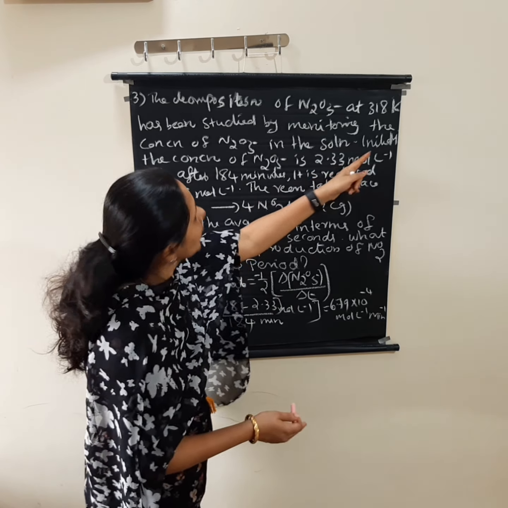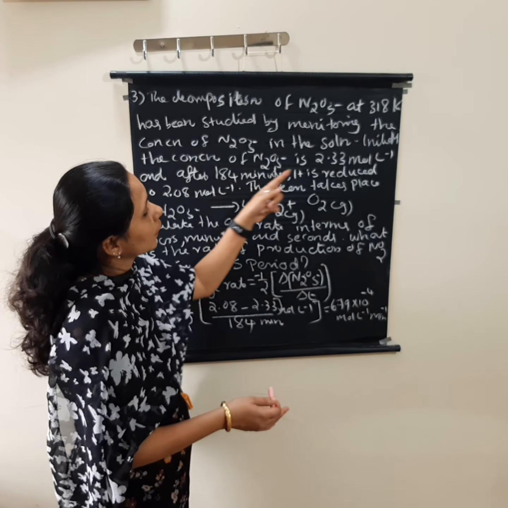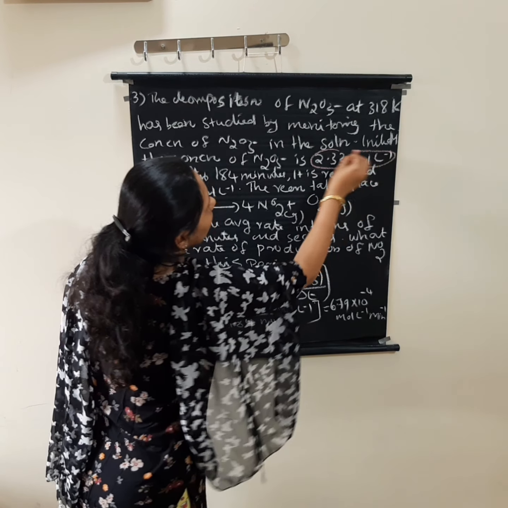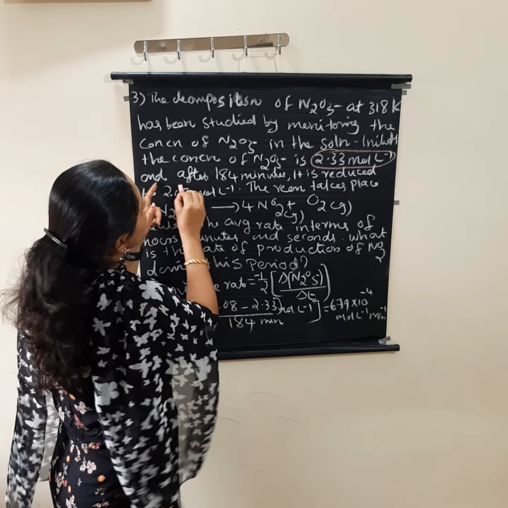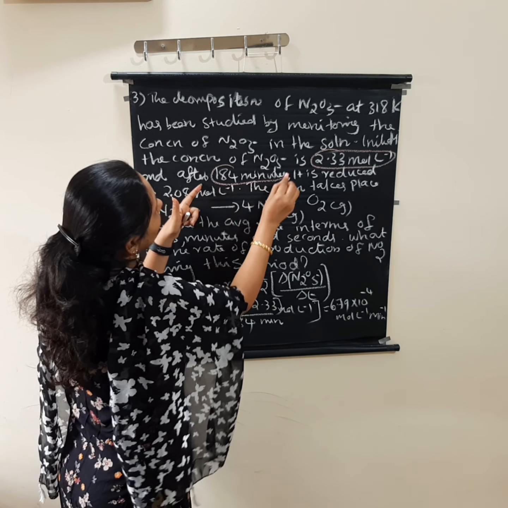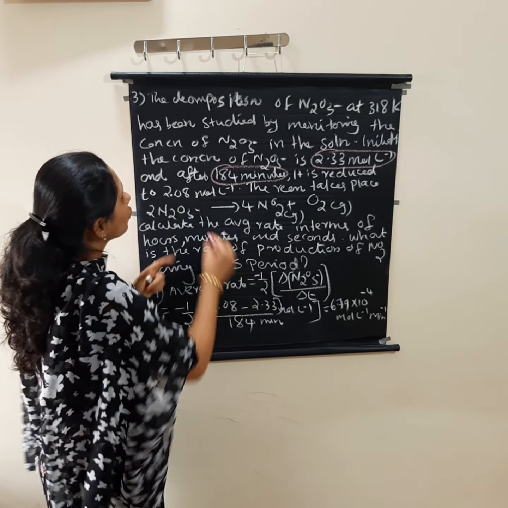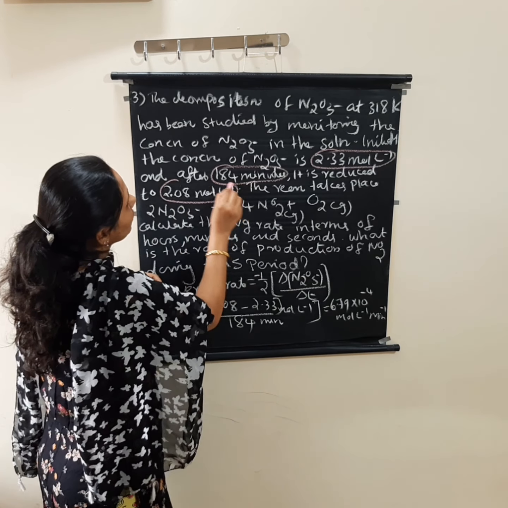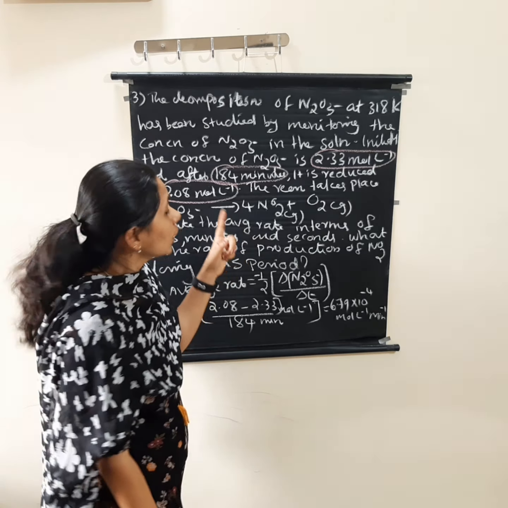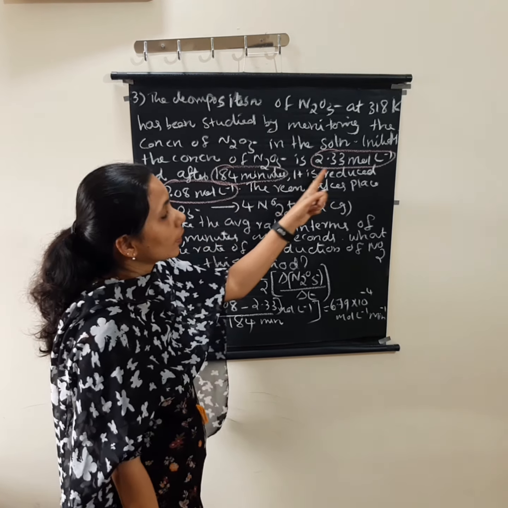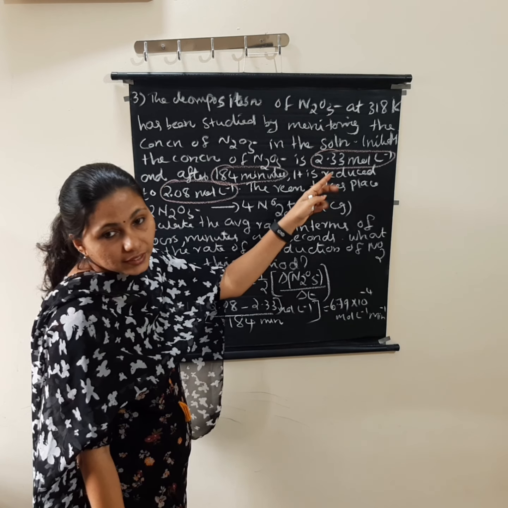The initial concentration of N2O5 is 2.33. After 184 minutes, it is reduced to 2.08 moles per liter. So 2.08 moles per liter is the final concentration, and 2.33 moles per liter is the initial concentration.